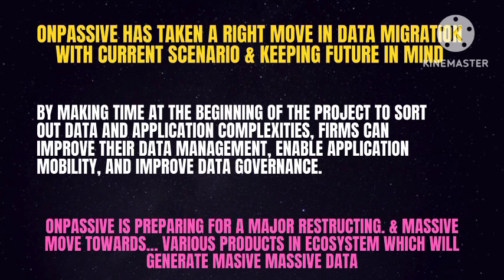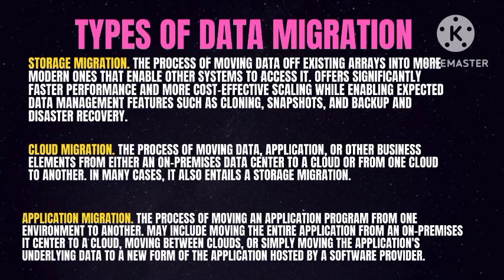My dear friend, now types of data migration. There are three main types. One is storage migration, the second is cloud migration, and the third is application migration. What is storage migration?